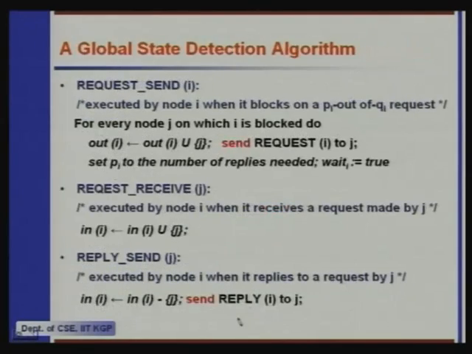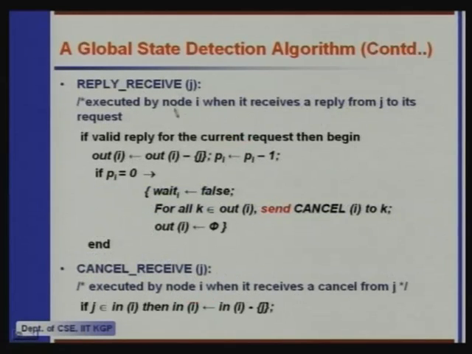Let us recall what it does. When it sends a reply, it will send the reply message back to j. The reply message is actually a message which gives the resource. So it is not dependent on that anymore, and when the reply message is received, the node which receives the reply message sees whether it has got all the necessary replies, a pi number of replies.